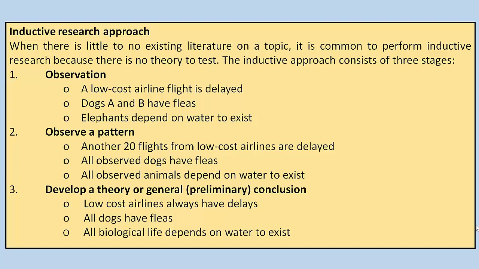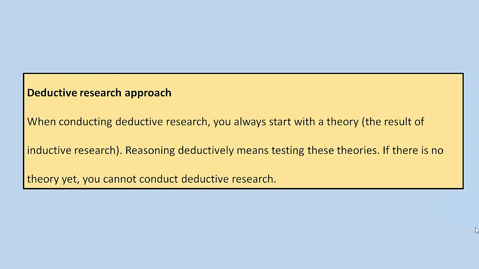There is another example: elephants depend on water to exist. All observed animals depend on water to exist, and all biological life depends on water to exist. It starts with the observation and ends with the theory. It is the inductive research approach, or inductive reasoning. Now the deductive research approach or deductive reasoning: when conducting deductive research, you always start with the theory, the result of inductive research. Reasoning deductively means testing this theory.